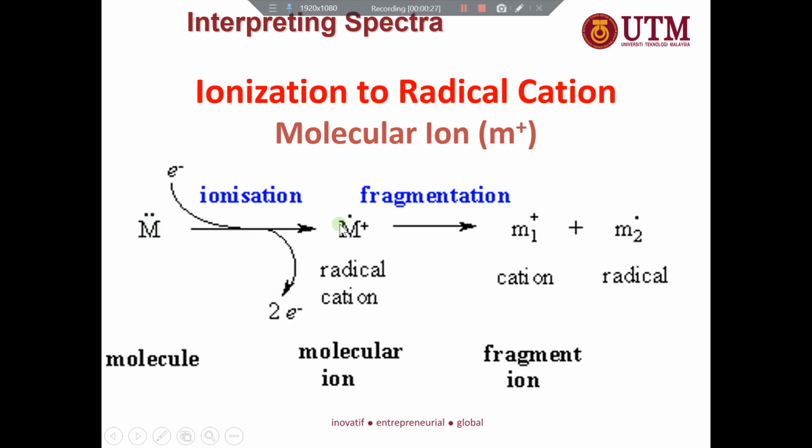Your molecule will have fewer electrons but the same number of protons. The number of protons is more than the number of electrons, so it becomes positively charged, a radical cation. The radical cation can stay as the molecular ion and can also produce fragment ions.